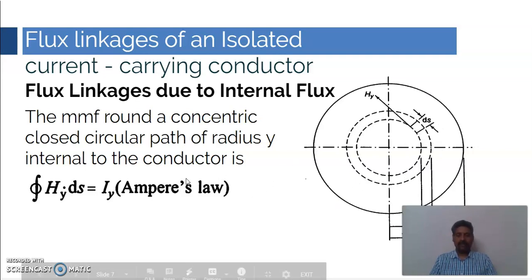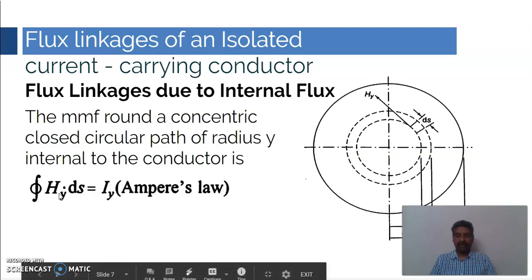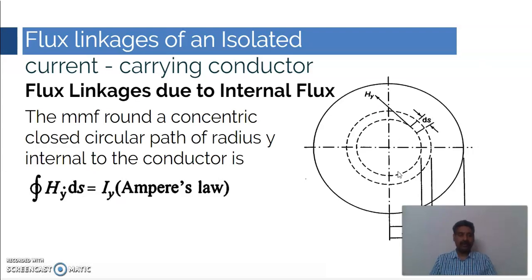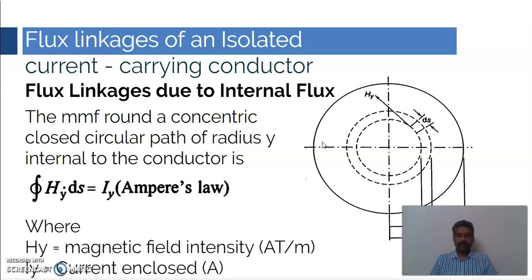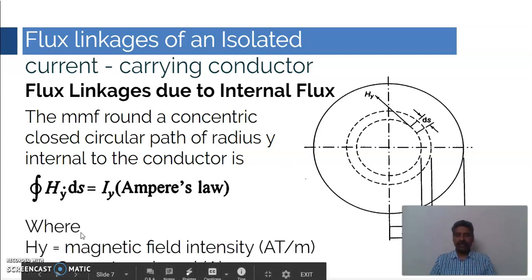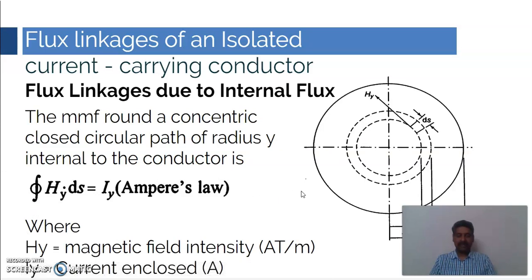So let us try to calculate what this current is and how much the field intensity is. If you consider the field intensity around this circular path, it is constant in this direction. With respect to ds, it is tangential and it is constant. Here Hy is the magnetic field intensity given in ampere turn per meter, and Iy is the current enclosed within this tubular column.